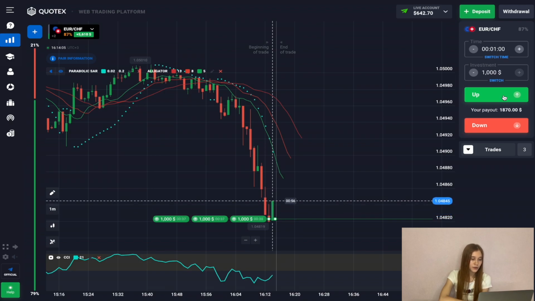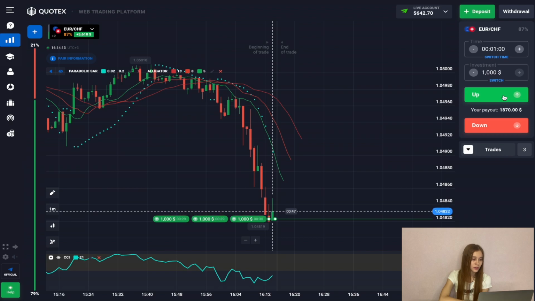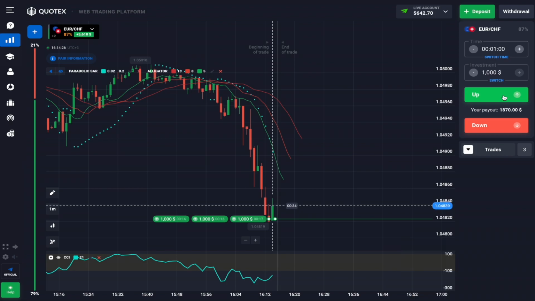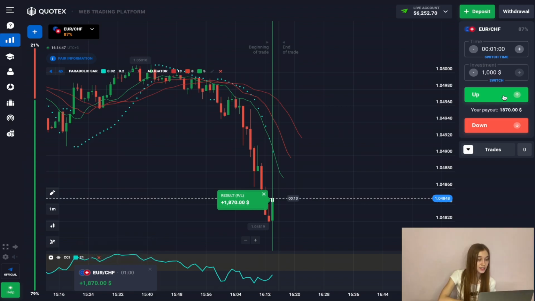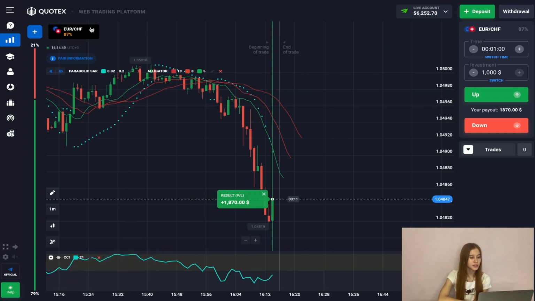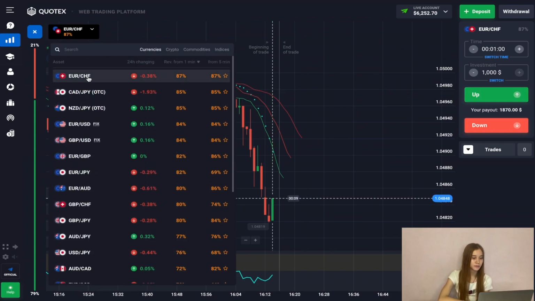So the trend reversal and the green candle begins. So now we can successfully close our deal. Let's wait for its completion. And we successfully close our trades. We will continue trading.